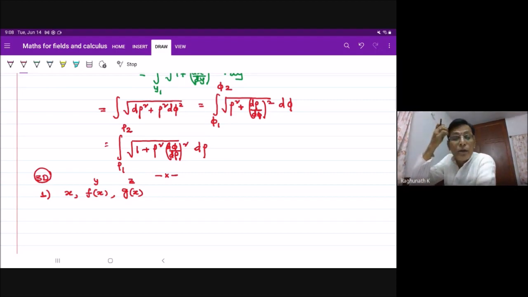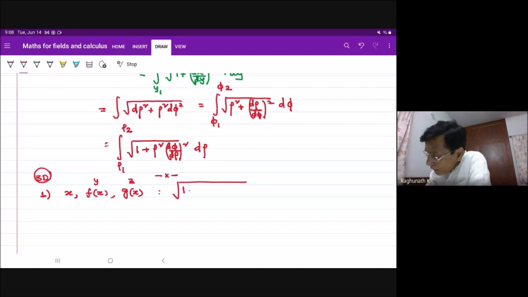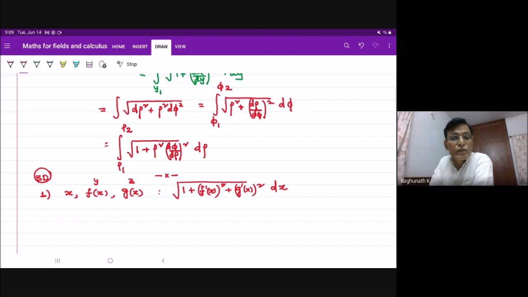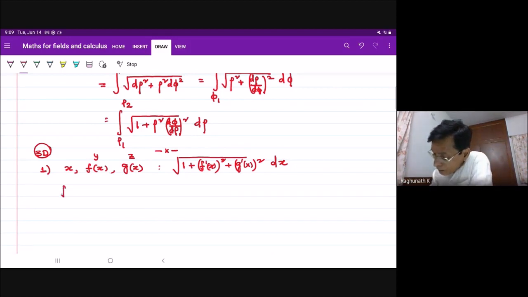Because if only one variable is independent, and then these two are now dependent, it is actually root of 1 plus f dash of x squared plus g dash of x squared dx, or f of y, y, g of y.